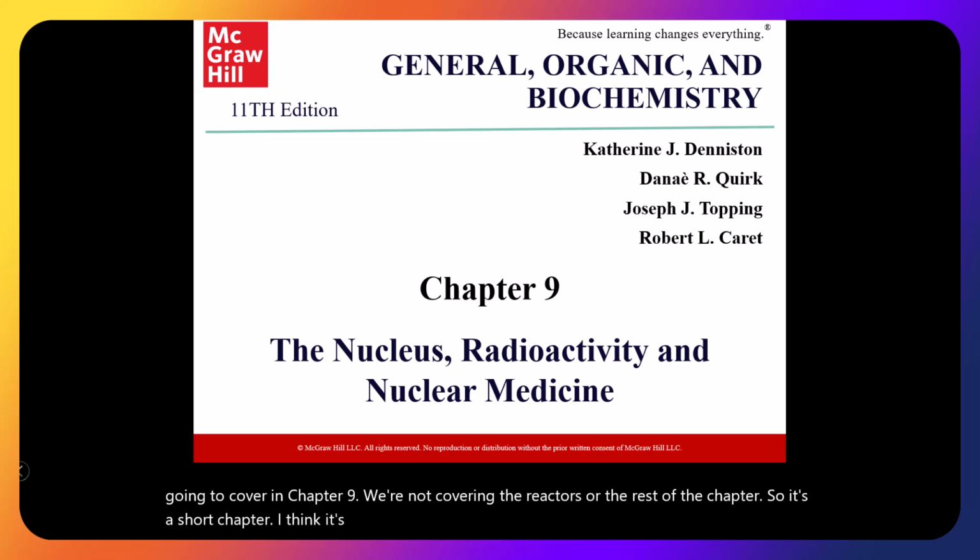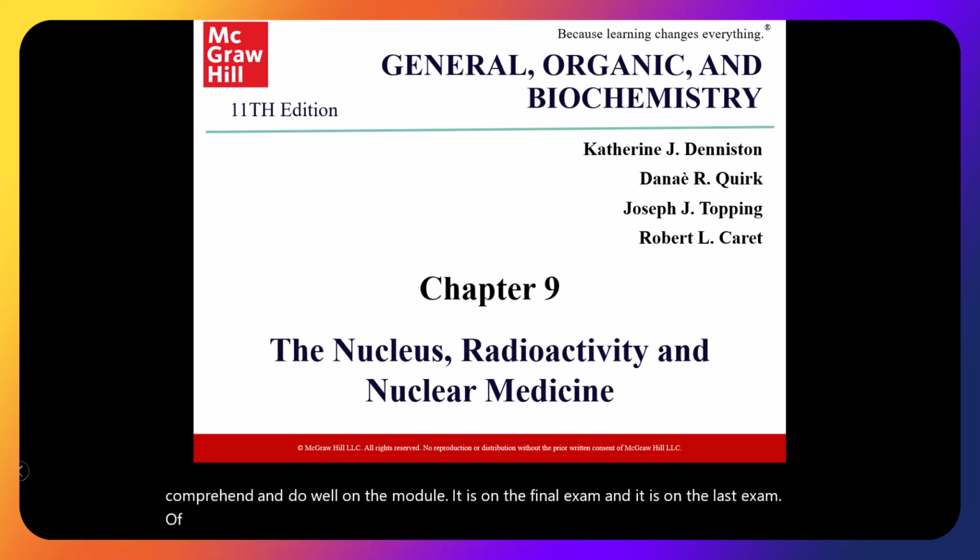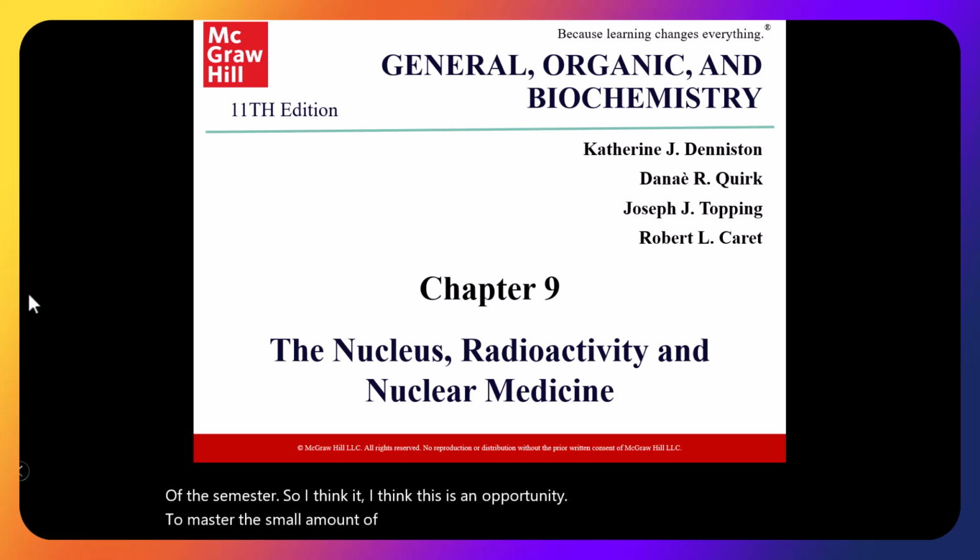I think it's a great chapter for you to read, comprehend, and do well on the module. It is on the final exam, and it is on the last exam of the semester. So I think this is an opportunity to master this small amount of material and boost your grade here at the end of the semester.